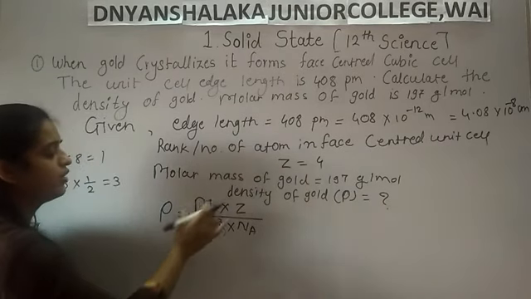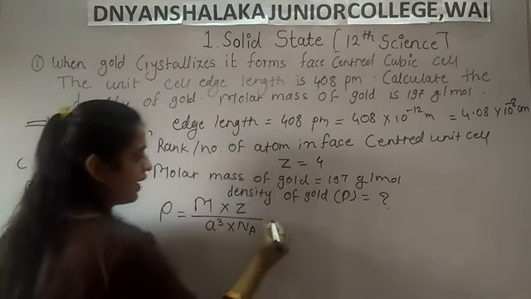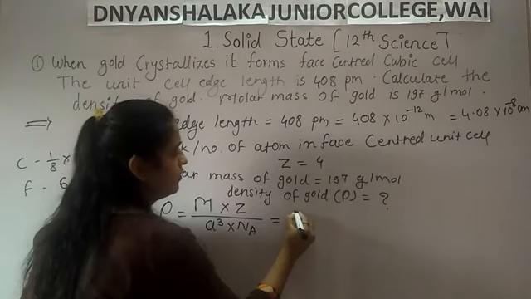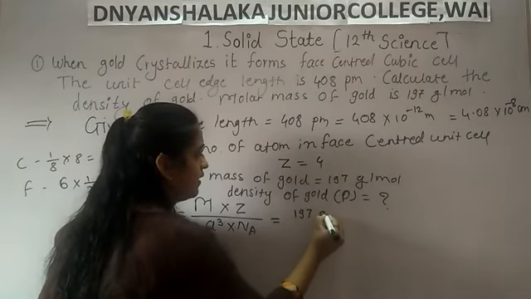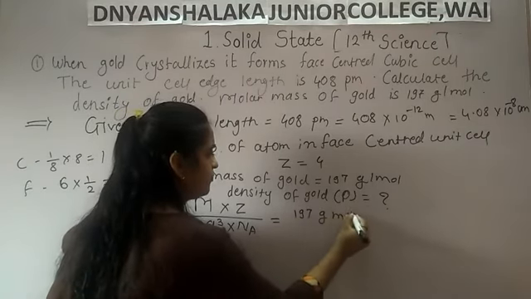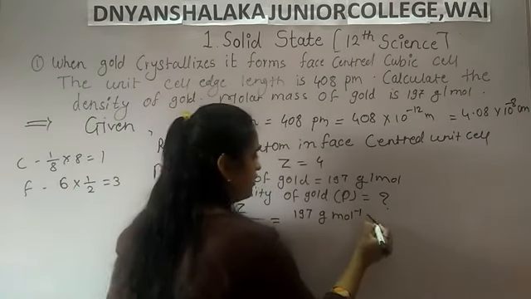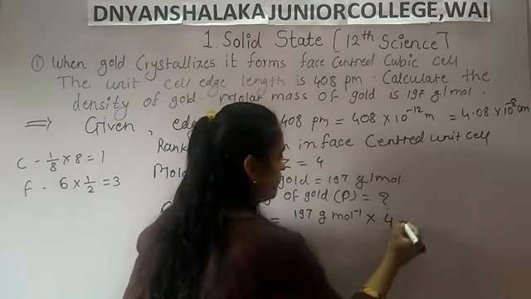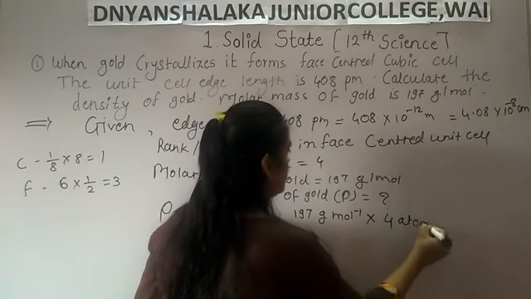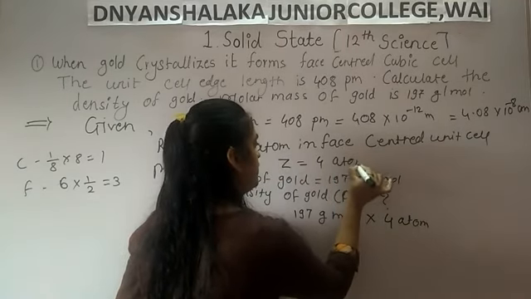So we put these values in this equation. Capital M, mass of gold, is 197 gram per mole. Z for FCC is 4 atoms.